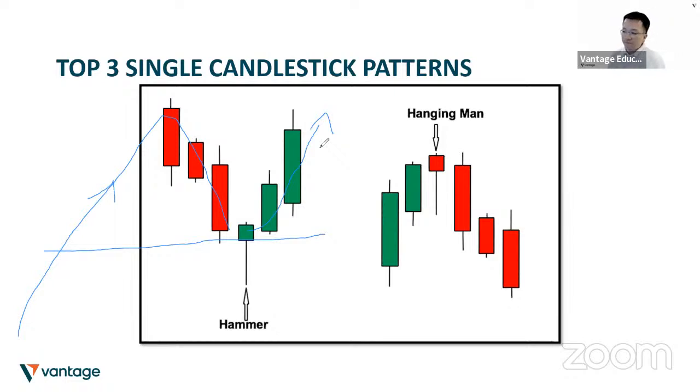All right, so for me, I don't look at just the candlestick alone or the single candlestick alone. I look at the trend and also the support resistance levels, just to make sure that the candlesticks are occurring at a reasonable location, which is rejection of a support level or rejection of a resistance level.